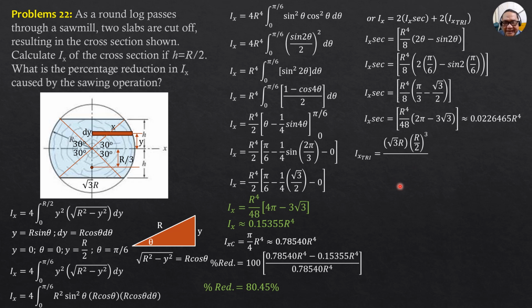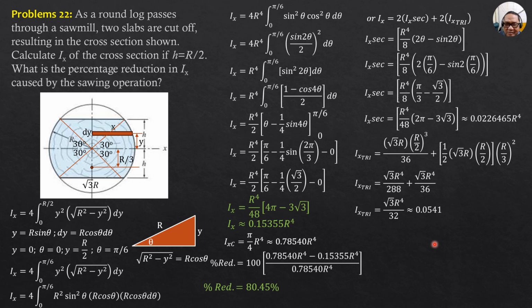So Ix of triangle is base square root of 3 r, height h, which is r over 2, cubed, all over 36, plus area of triangle, 1 half square root of 3 r times h, which is r over 2, and distance squared, r over 3, quantity squared. Simplifying, that's equal to square root of 3 over 288 r to the fourth plus square root of 3 r to the fourth over 36. You can combine, but let's express that in decimal as 0.054126 r to the fourth.